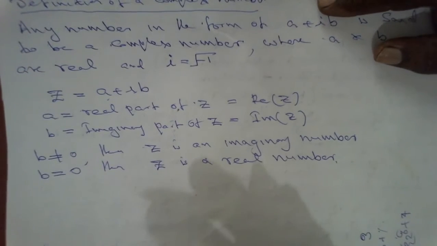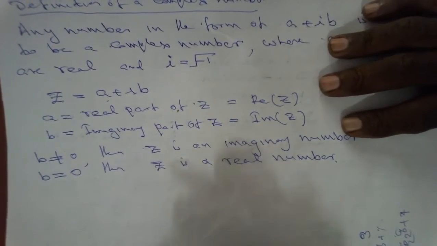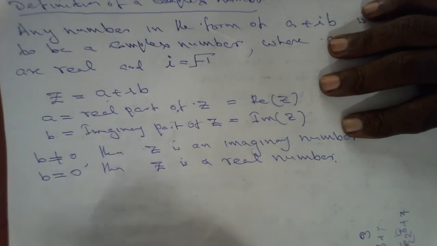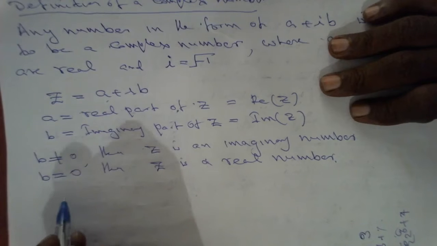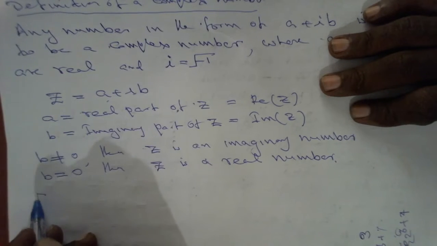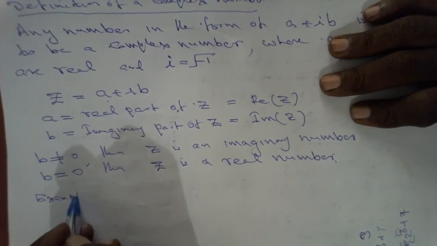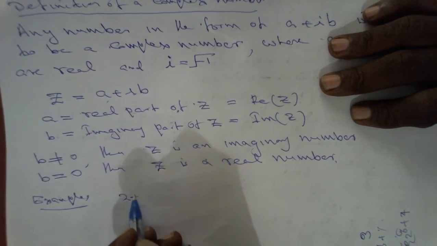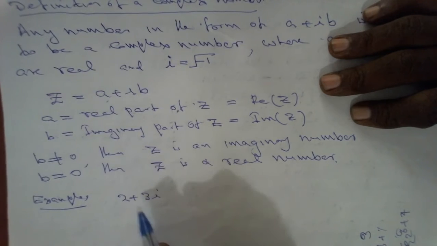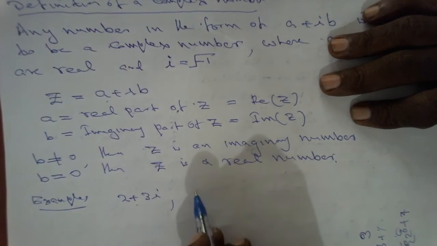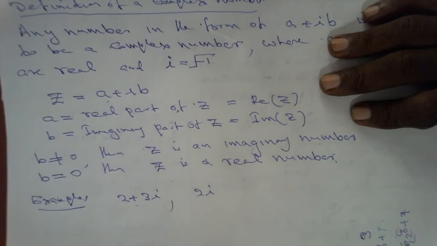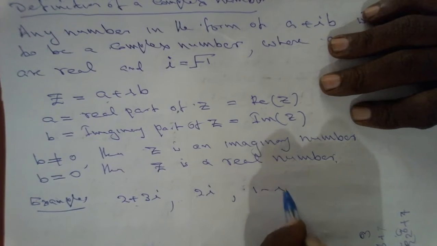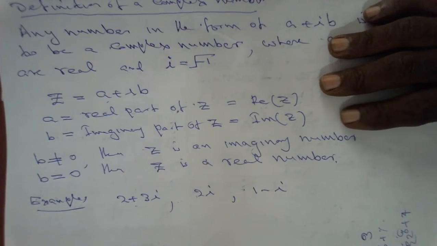Example: now, all the numbers, if you take all numbers like this, there are many numbers you can write. Examples: if you take 2 plus 3i, this is an imaginary number. If you take 2i, this is an imaginary number. If you take 1 minus i, this is an imaginary number.